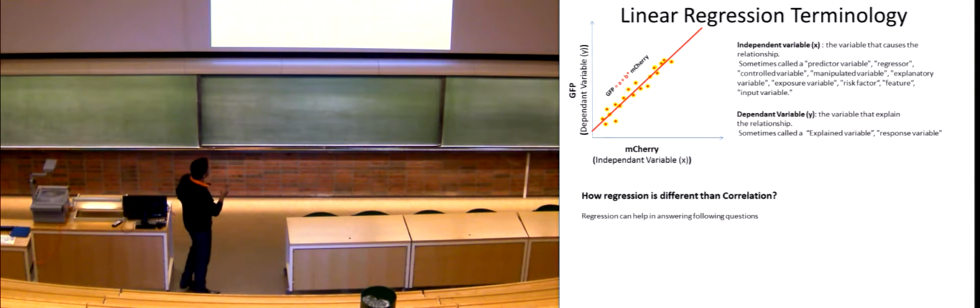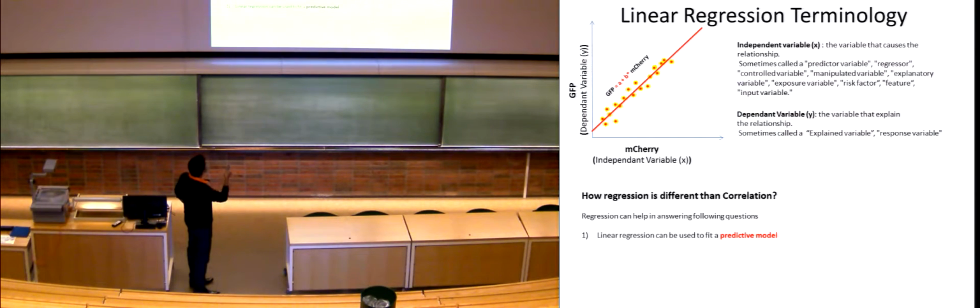So how is regression different from correlation? We have seen that in correlation we can have this line. What regression does is that it predicts the output based on the input variable. So how does it do that?